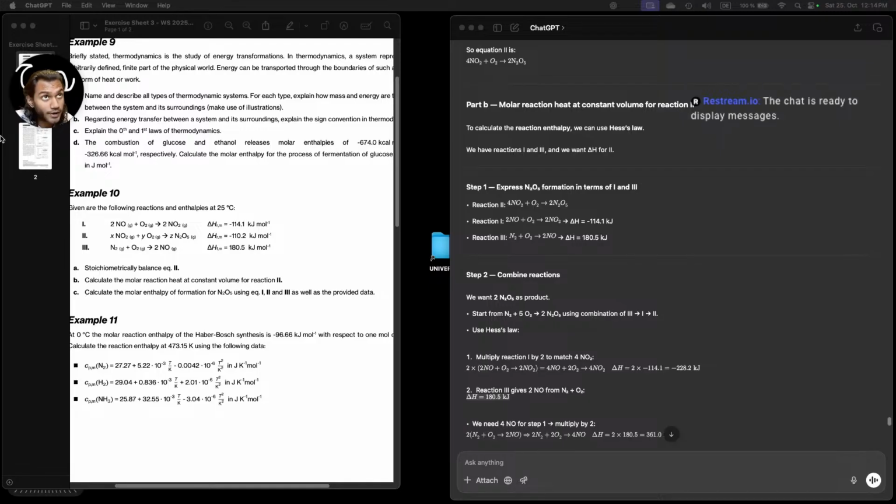Second one, which is the answer to the first part of the question, is X times NO2 plus Y times O2 gives Z times N2O5, minus 110.2 kilojoules per mole.